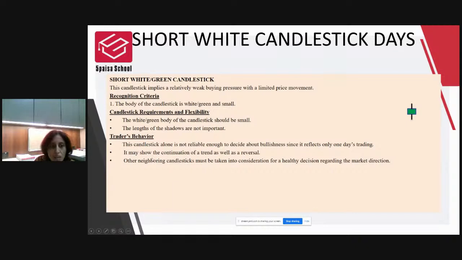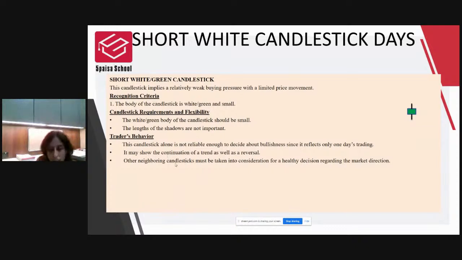It might show the continuation of a bullish trend, as we can see it's all green, as well as a reversal likely to set in. So essentially, it might show that the bullish sentiment is slightly fading away, and maybe from the very next day or very next moment, the bearish sentiments might set in.